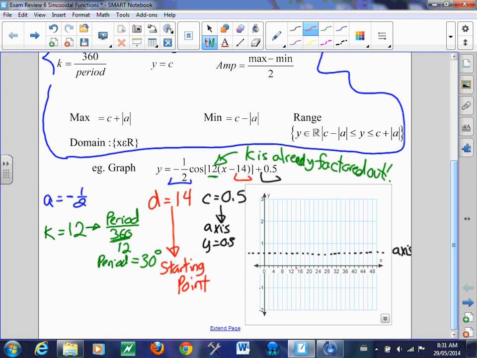I'm just going to draw the start of the box. Because I'm going 30 more degrees, end point equals your starting point, which is 14 degrees, plus your period, which is 30 degrees. So my end point here is at 44 degrees.